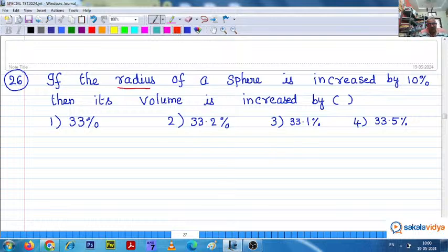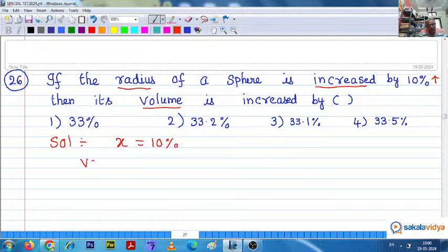If the radius of a sphere is increased by 10%, the volume is increased by. So we have the shortcut, don't worry. See, let us say radius is equal to x, so x is equal to 10%.